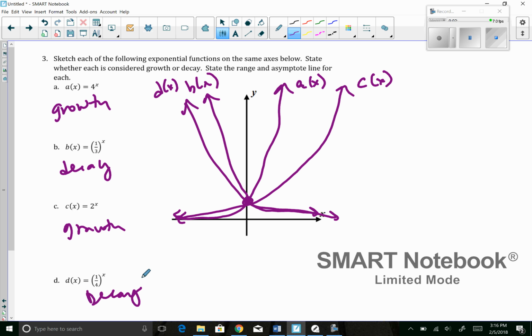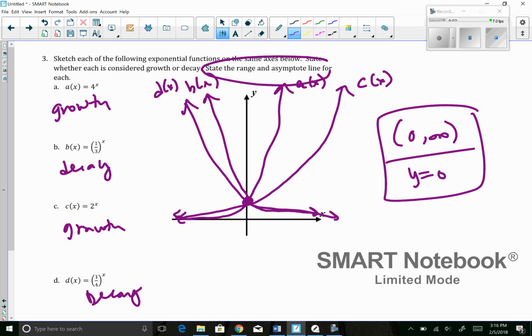And it also asks you to state the range and the asymptote line. All of them have the same range, which would be from 0 to infinity, and the same asymptote line, which would be y equals 0. So those last 2 questions here are the same for all 4 functions.